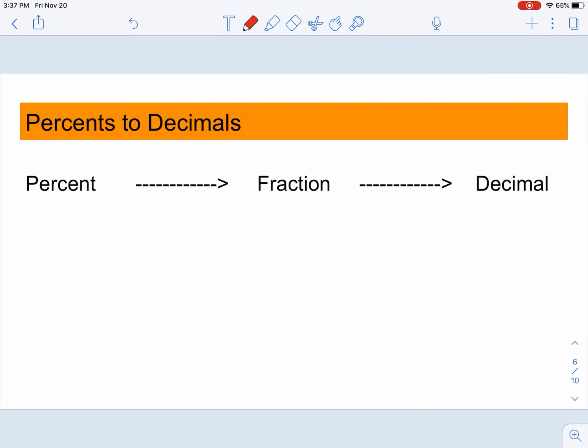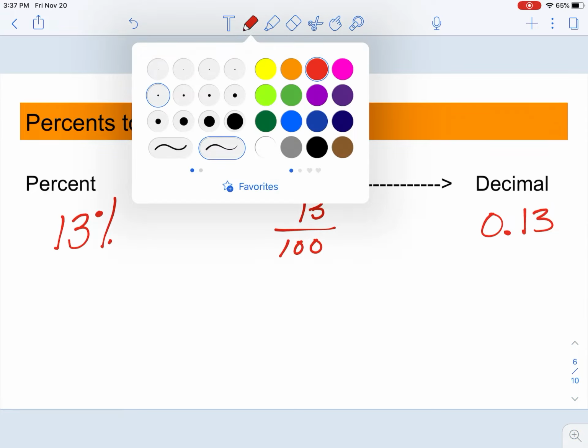Let's look at a few more examples with these two methods. Let's say we want to look at 13%. Using the first method, we can turn it into a fraction first. Percents are always out of 100. Percent means per 100. So the fraction is 13 hundredths, which makes the decimal 13 hundredths, ending in the hundredths place. Let's look at another one.